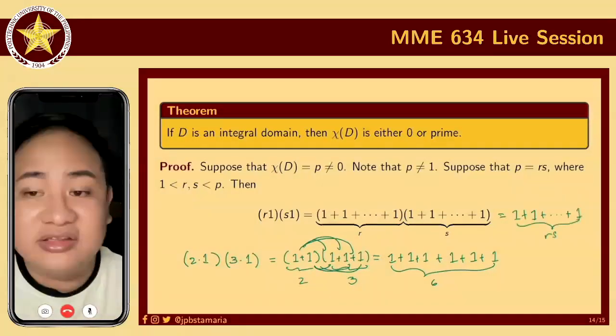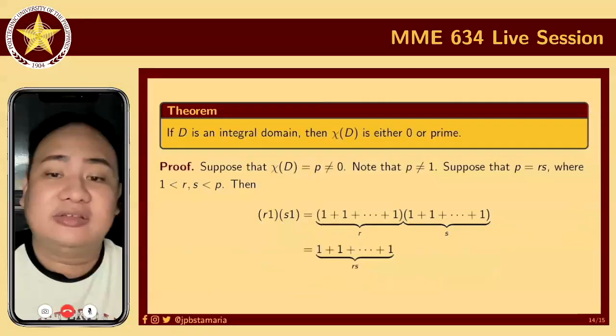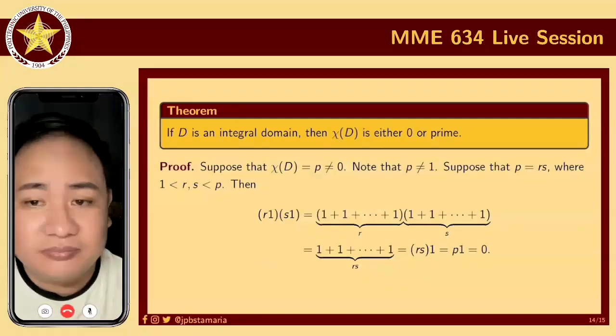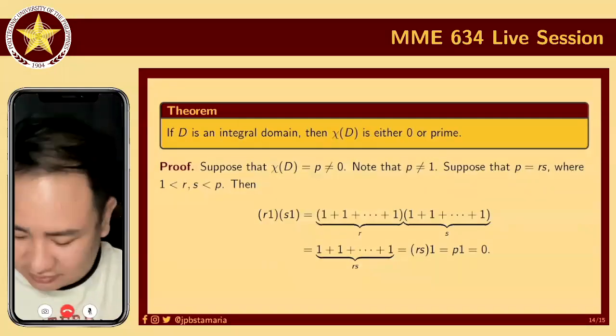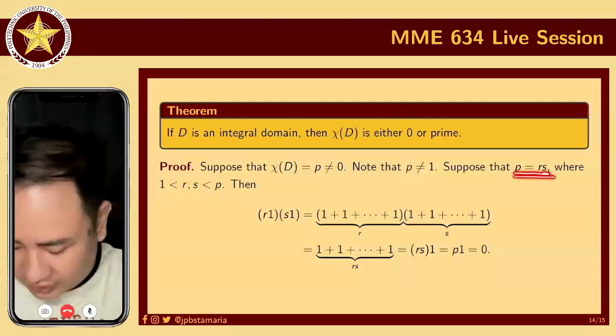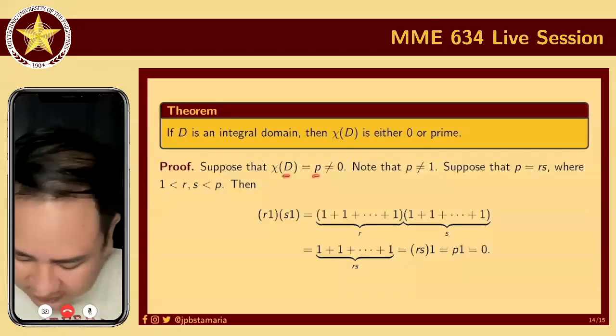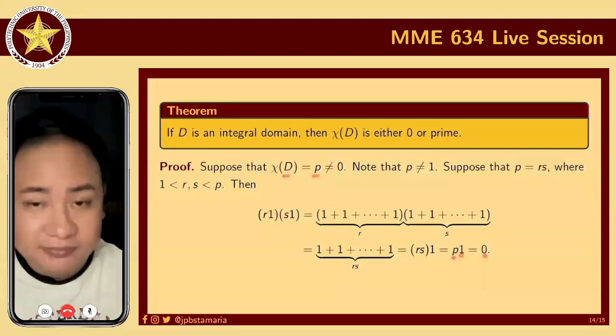There are R times S. This is why the product will be RS times 1. But RS, by assumption, is P. So I can say that this is P times 1. And P is the characteristic of D, therefore P times 1 must be 0.